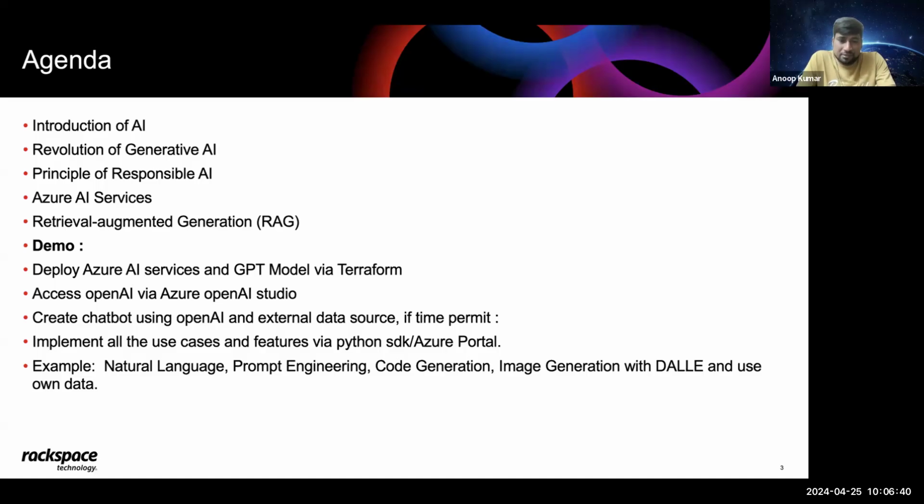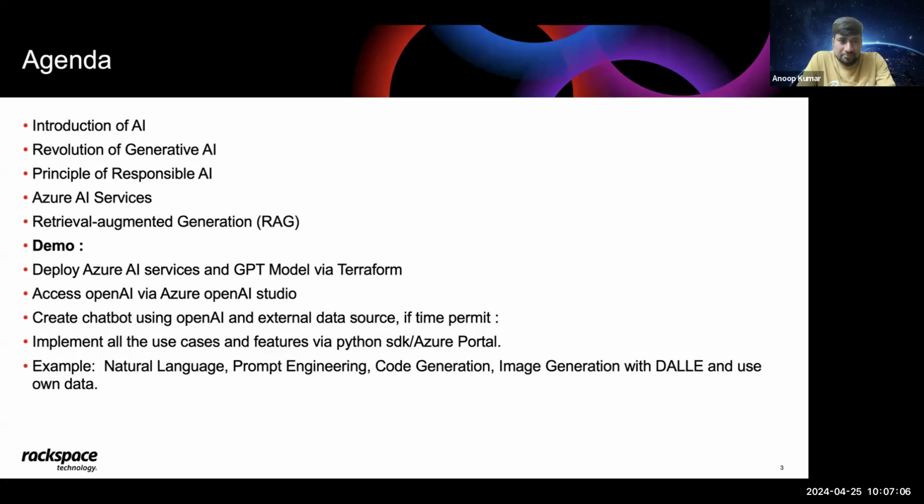If time permits, we'll discuss all the use cases and features with a Python SDK as well. I have the code. If time allows, I'll discuss other examples as well: natural language, prompt engineering, code generation, image generation, and working with our data. So this is my agenda for today.